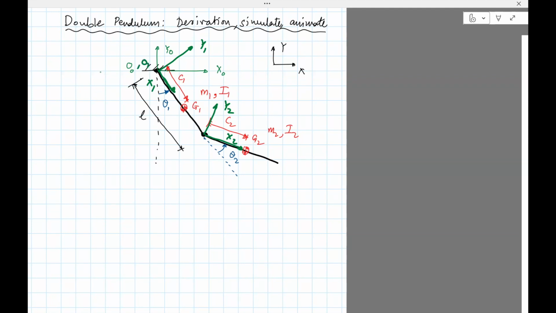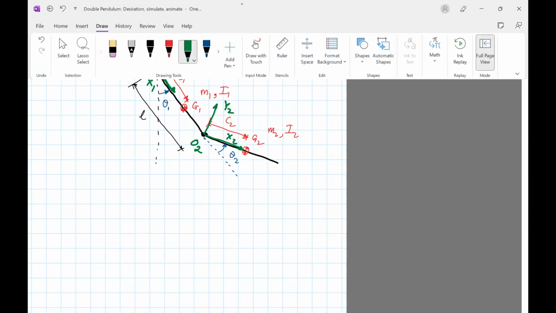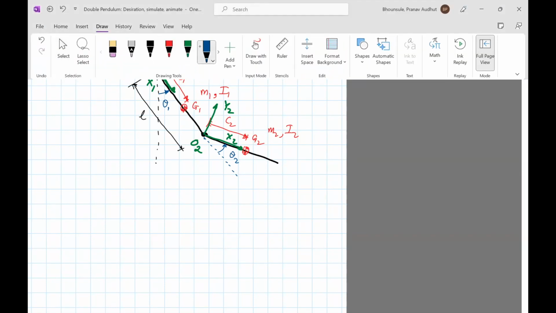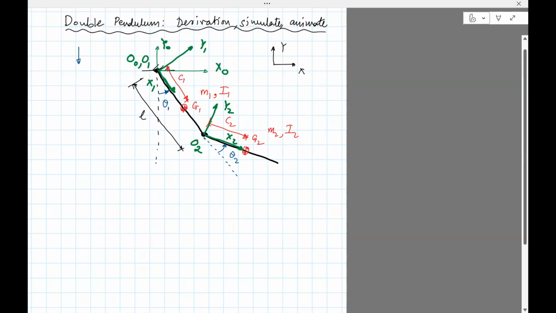The origin is O1, and this one's origin is O2. Yeah, then I forgot to draw gravity. Gravity is pointing downwards.